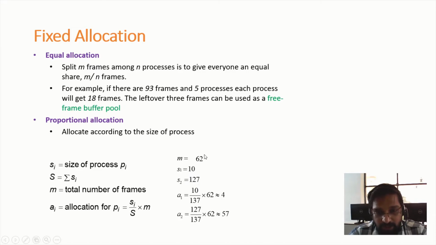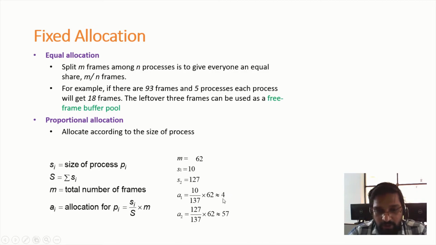Now these 62 frames we need to distribute among these two processes whose sizes are 10 and 127. In order to distribute frames to process P1, we write the size of process P1, that is 10, divided by the total size of these two processes, which comes to 137, multiplied by the total number of frames present inside the RAM, 62, which comes to nearly 4. We get 4 point something, and we round it off to 4.